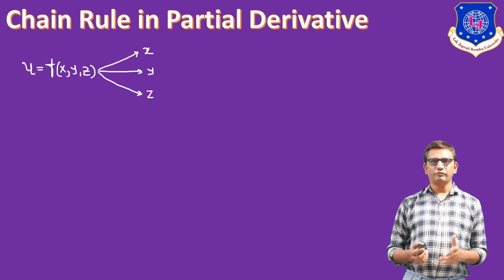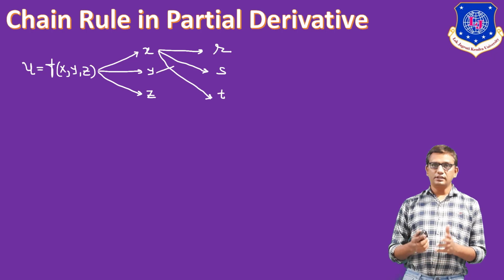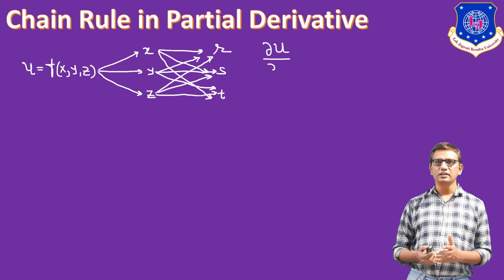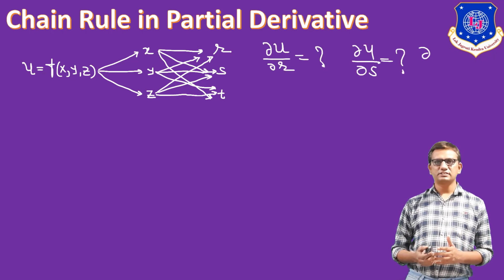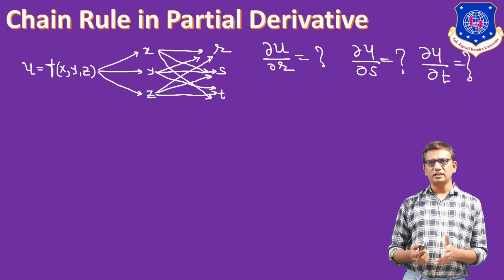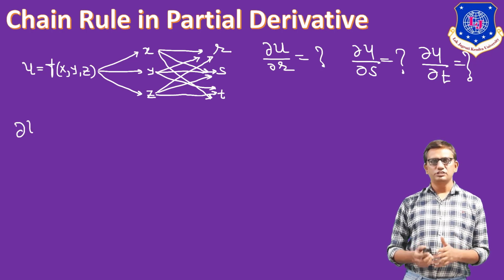u is a function of three variables x, y, and z, and x depends on three other variables r, s, and t. y also depends on r, s, and t, and z also depends on r, s, and t. So what are del u by del r, del u by del s, and del u by del t? That is calculated from the chain rule concept of a single variable.